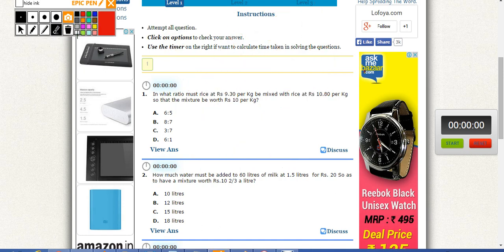I'll just tell it everything and I'll do that problem that I told you. So this is basmati rice costing 30 rupees, and this is ordinary rice.